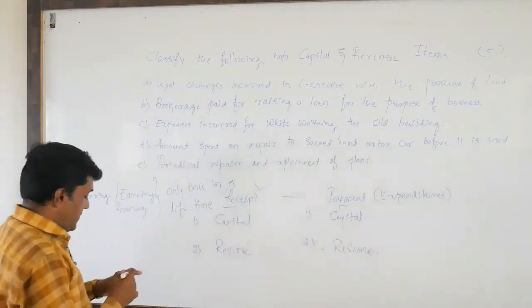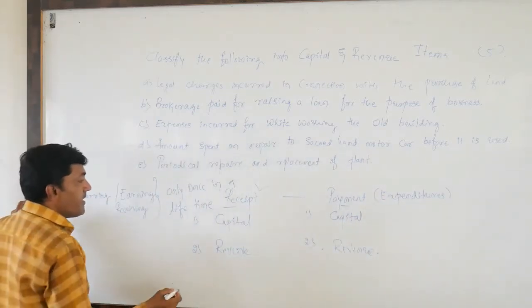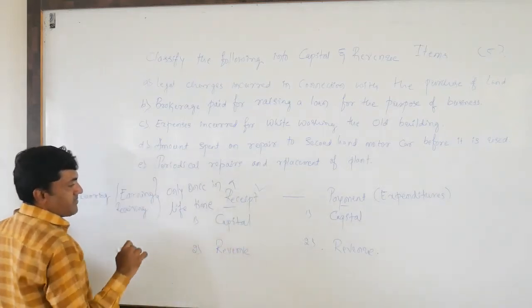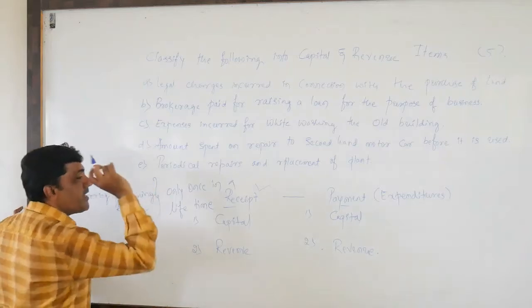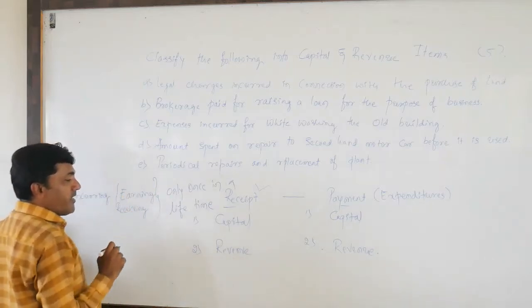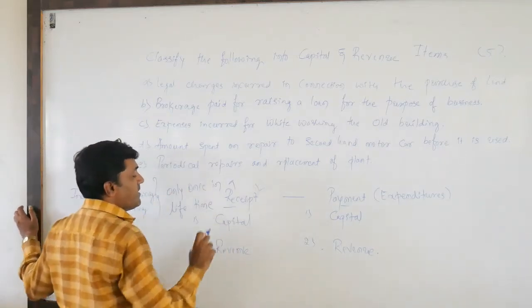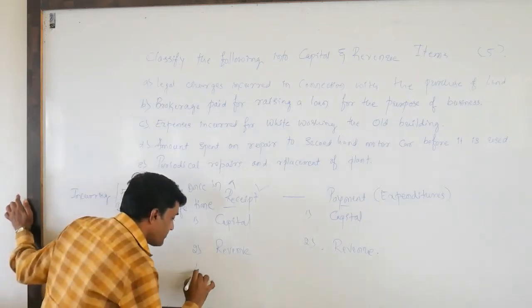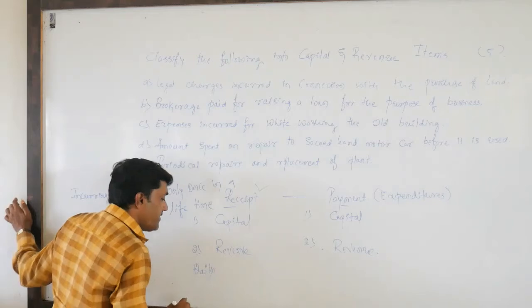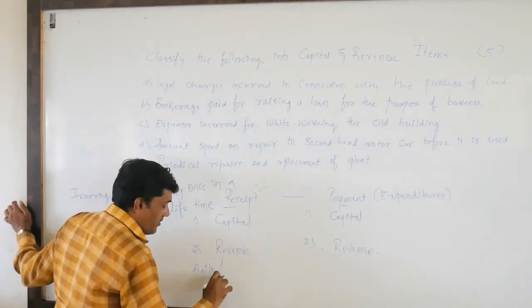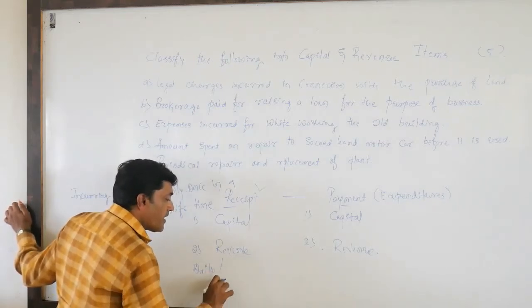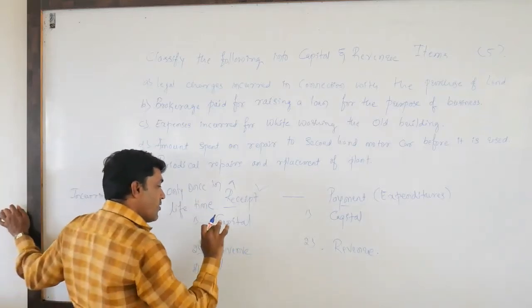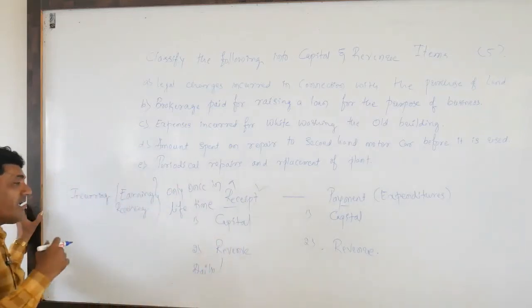Okay. In this principle, similarly, revenue receipts mean a routine receipt, routine income, regular income, or periodical income or periodical receipt. For example, daily, weekly, fortnightly, monthly, quarterly, half yearly, annually.